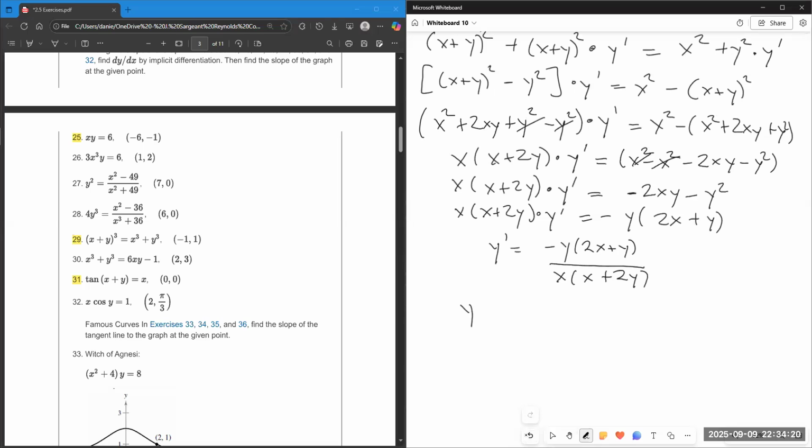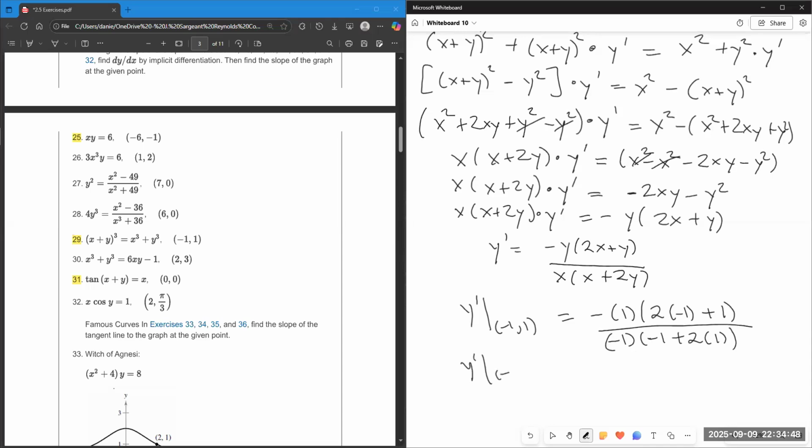So y prime at the point negative 1, 1 that I'm given is negative 1 times 2 times negative 1 plus 1 over negative 1 times negative 1 plus 2 times 1.